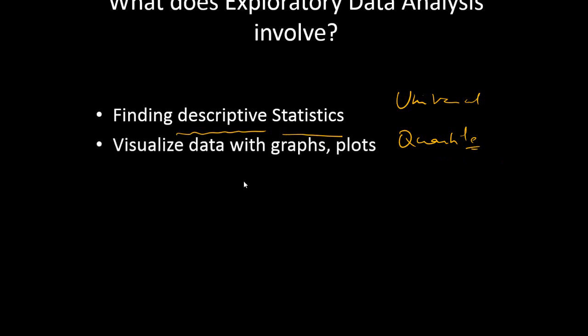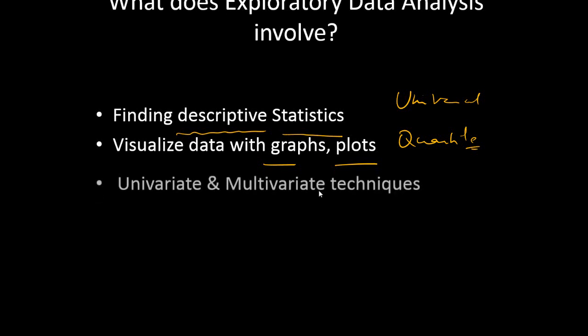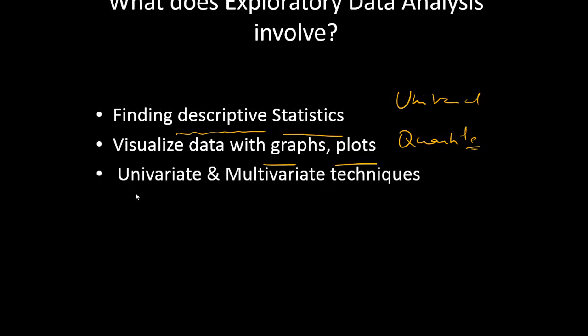And then you visualize your data using graphs and plots, very useful to find outliers, extreme values, and find a basic pattern in your data set. And then use more sophisticated univariate and multivariate techniques.